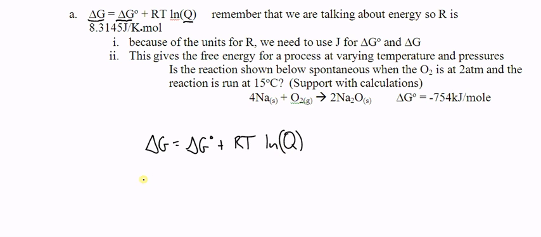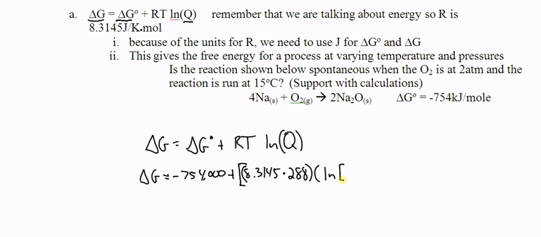And so as we're looking at this situation, delta G is going to equal, remember, we have to convert this to joules, so negative 754,000 plus 8.3145 times, we'll bracket all this off, times the temperature, 273 plus 15 should put us at 288, and then times the natural log of, and now we have to make sure that this gets set up correctly.